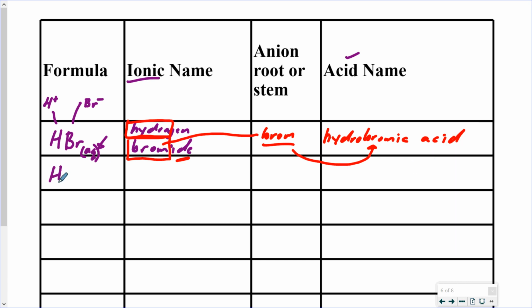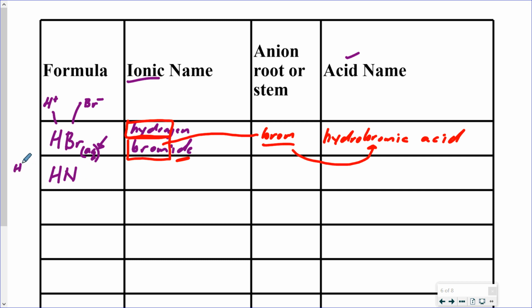So let's do this one, H, and let's have it with N. So the formula for this, we do still need to use the rules for the crisscrossing and make sure we have the right formula. So this in fact is not the correct formula. Why is it not the correct formula?